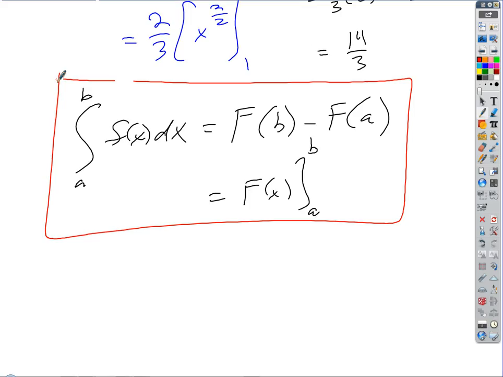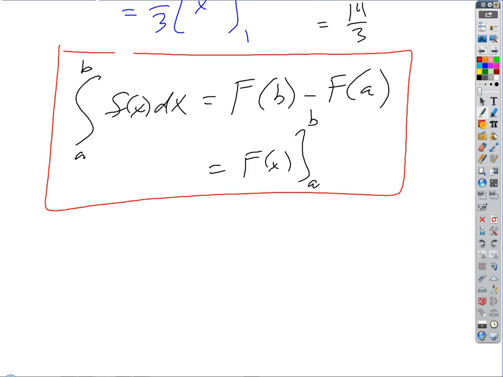We just call it the fundamental theorem of calculus. It says that the area under the function f of x is equal to the antiderivative evaluated at b minus the antiderivative evaluated at a, which we can summarize using that notation. We looked at a couple examples, but we'll do more today, so you're not really behind at all.